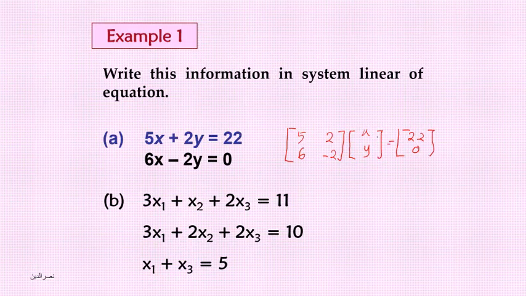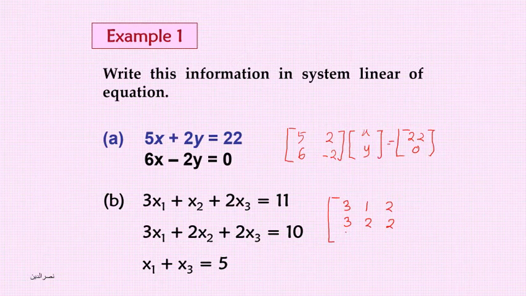Here this is the system of linear matrix equations, and for B we have 3 equations. For the coefficients of the first equation, we have 3, 1, and 2. For the second equation, we have 3, 2, and 2.